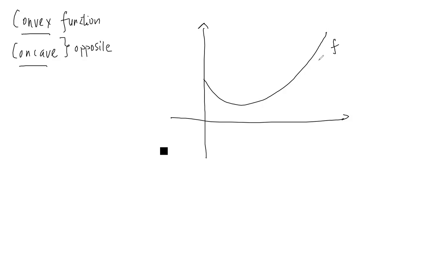Now, if you have 2 points here, let's say this is x1, so this is your x, this is your f(x). And you have another point here, so this is x2, right? Then you draw a secant line through these 2 points.